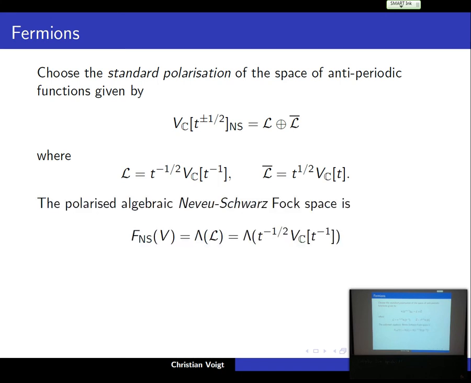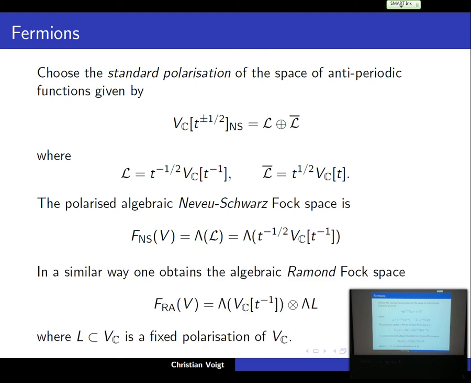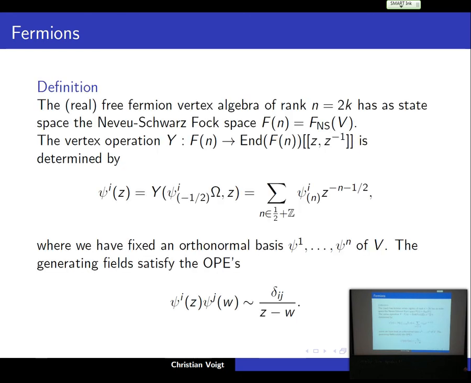Then you can form the exterior algebra of that, and this gives you the so-called Neveu-Schwarz Fock space. Similarly, if you do the same thing for periodic functions, you get the so-called Ramond Fock space, where there's a similar construction. And from this, one gets a vertex algebra.